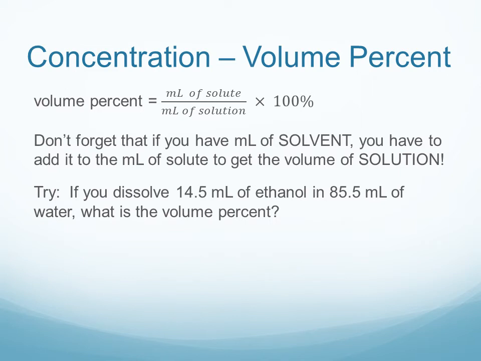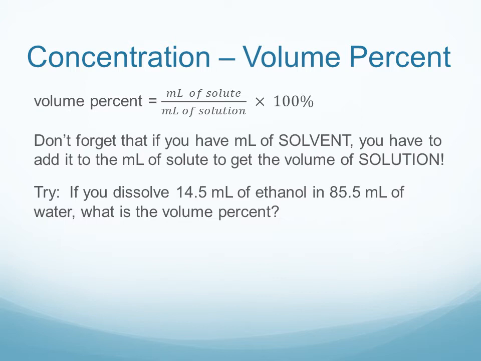If you are dissolving a liquid in another liquid, it might be more convenient to calculate the volume percent, and that is the milliliters of solute over the milliliters of solution times 100%. So again, if you have solvent, you have to add that to get the volume of solution.